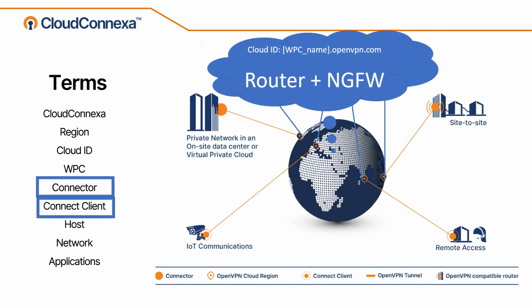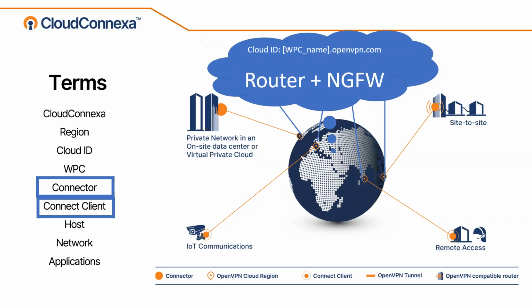Now, how do we connect users, servers, networks to these ports? Again, these ports are regions of this virtual distributed router. Again, it is your WPC. We use OpenVPN protocol to create secure encrypted tunnels over the internet to those regions. Think of it as a virtual super long Ethernet cable that connects your devices to the ports of your cloud router. That is, again, your WPC.